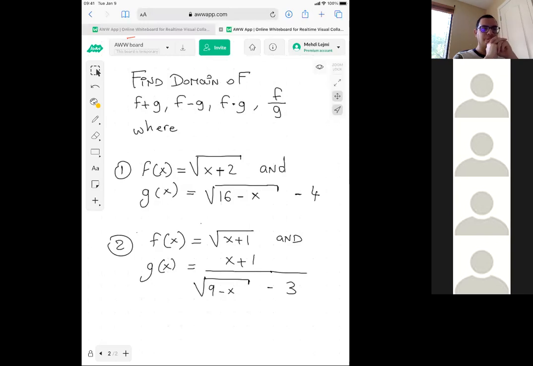Professor, to find g over x, so we first set g of x equal to 0, right? Yes, you have to solve the whole expression, the whole equation, square root of 15 minus 4. Yes, the whole expression of g.